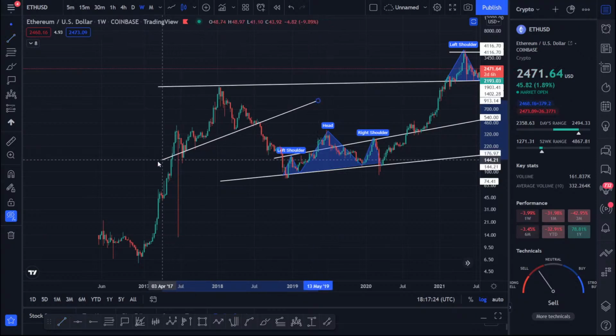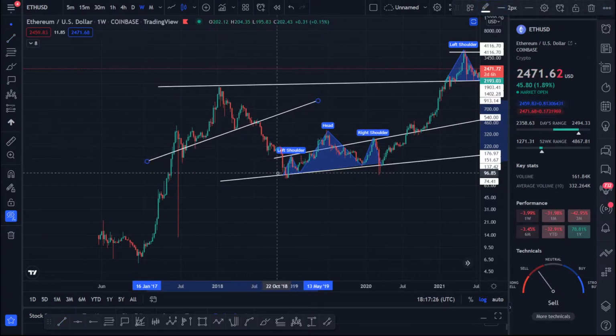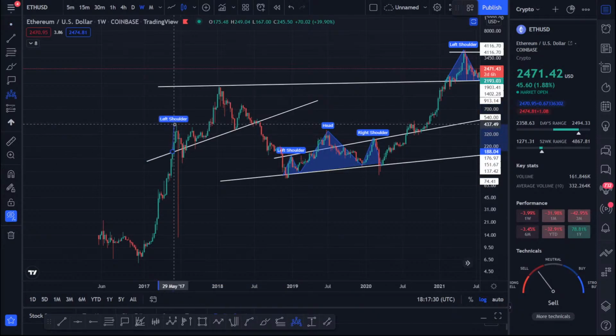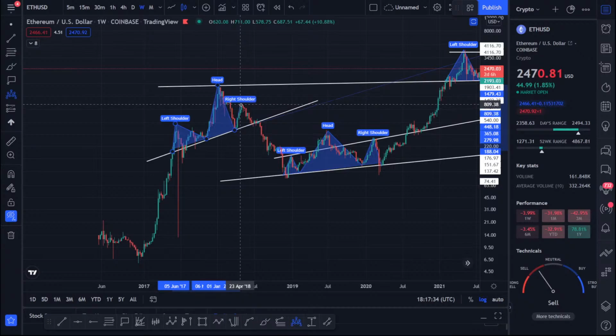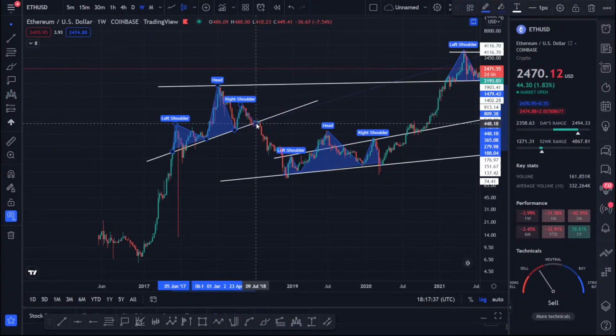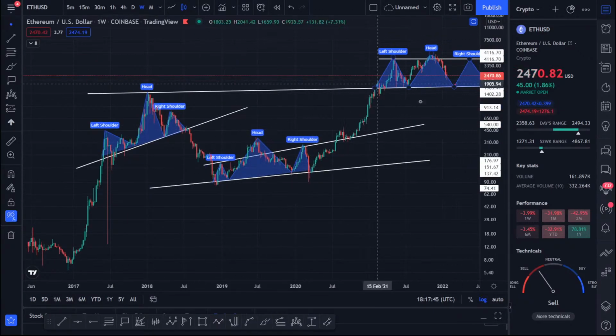Look at this. We had this pattern in play, right over here, a little bit below. You have bearish patterns, bearish patterns, bearish patterns.